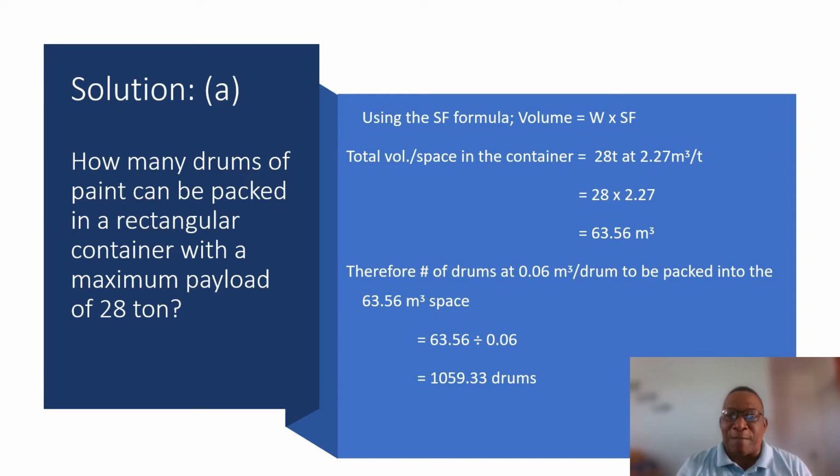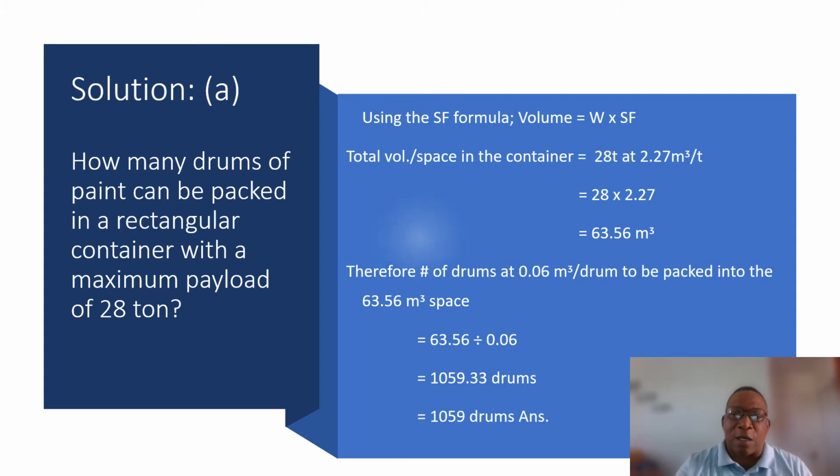But let us remember that drums are not in a fraction. So the 0.33 does not actually represent the drum. What it represents is the space that is available. Let us call it broken storage. The broken storage space would have been taken up because the drums are round and they are being loaded inside of a rectangular space or container.